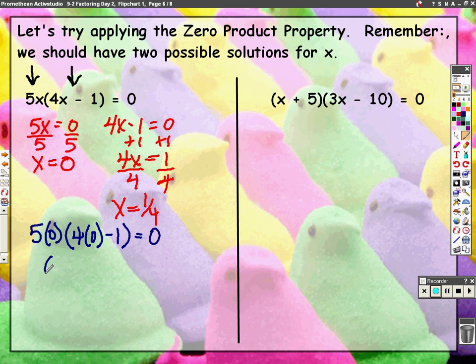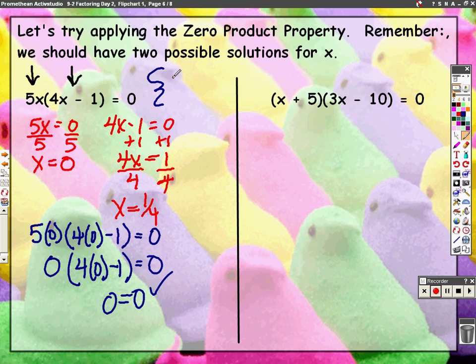And 5 times 0 is 0, and I know that 0 times anything is 0. So I end up with that being a correct solution. Okay? And I always write my solutions in brackets.